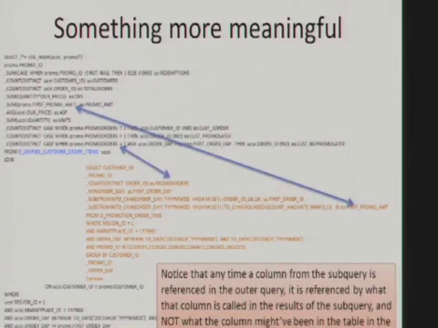And something else to mention, which I sort of said, but it's what I commonly see people running into as a mistake, so I wanted to be super explicit about it. You'll notice in the outer query, anytime it references anything from the promo table, it's referencing what that column is called in the results.